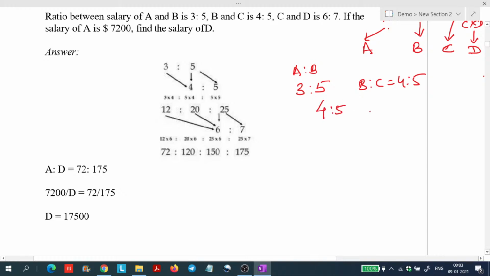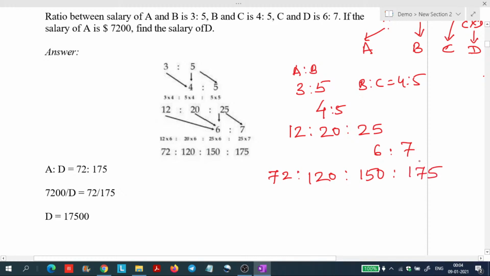Then C and D is given as 6 is to 7. First we will go for A is to B and B is to C. So we know 3 into 4 is 12, then 5 into 4 is 20, then 5 into 5 is 25. Now we'll go with C is to D, that is 6 is to 7. So now 12 into 6 is 72, then 20 into 6 is 120, 25 into 6 is 150, 25 into 7 is 175.